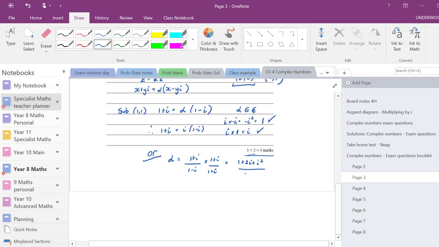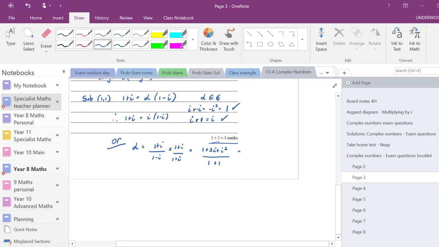And then down the bottom we're going to have 1 minus i squared, which is plus 1.